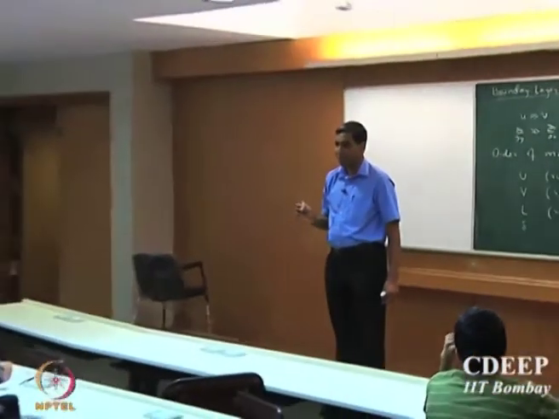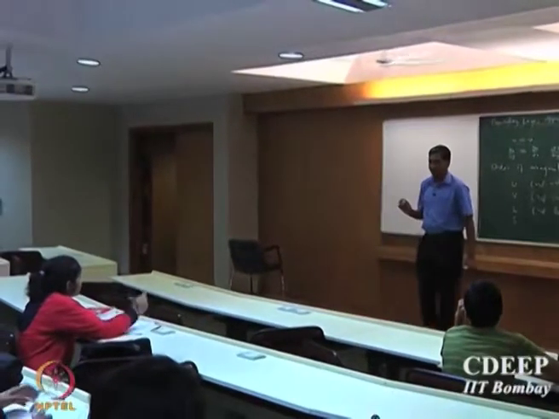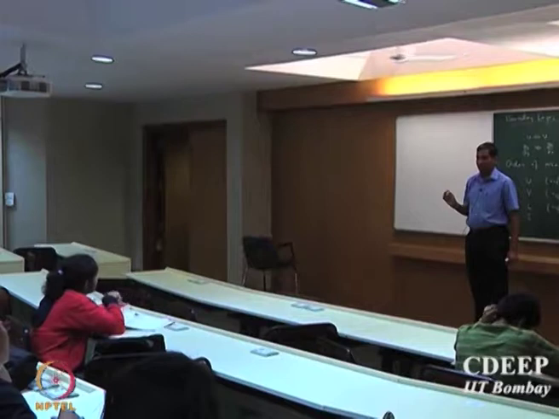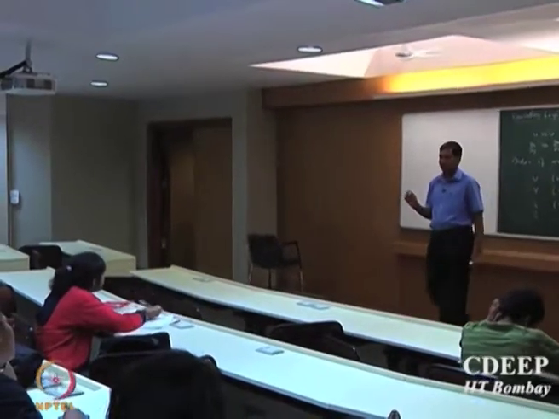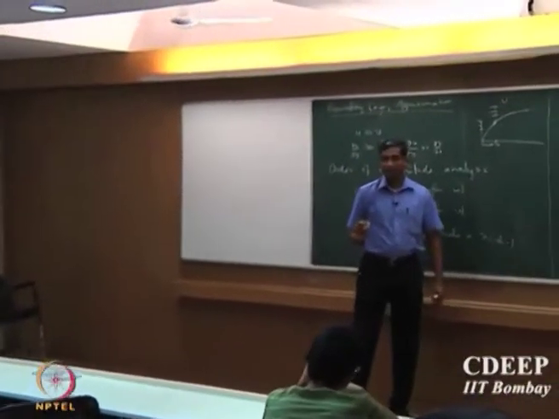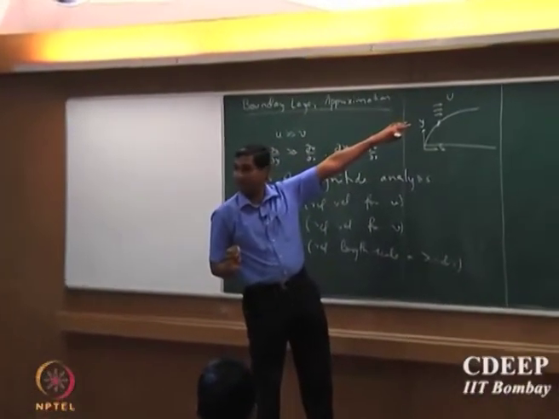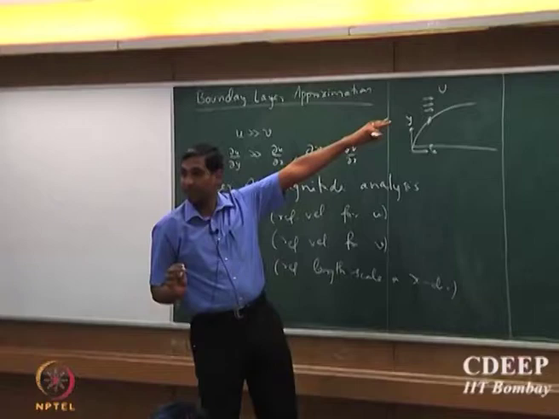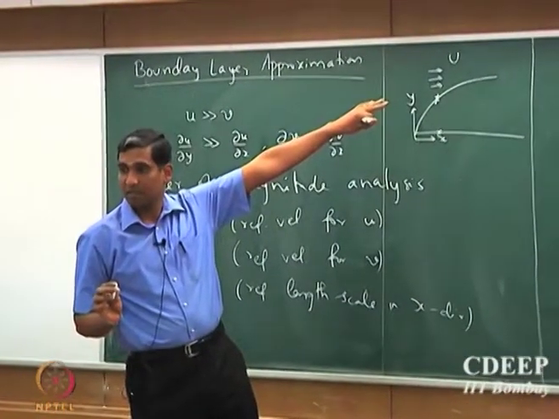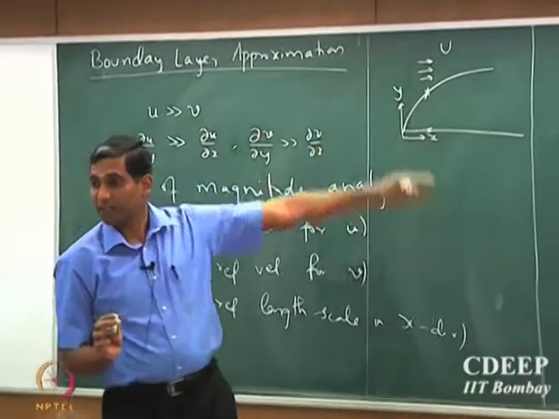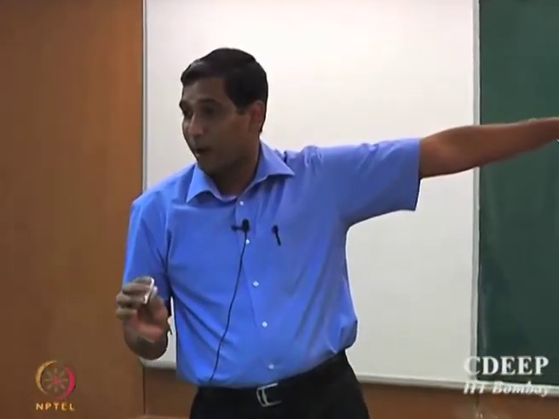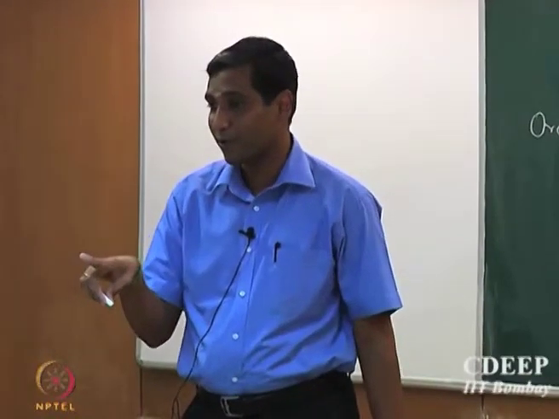Outside the boundary layer? No, not really. If you look far away in the free stream, it will be primarily in the x direction, but that's because your boundary layer is defined as 99% of the energy.